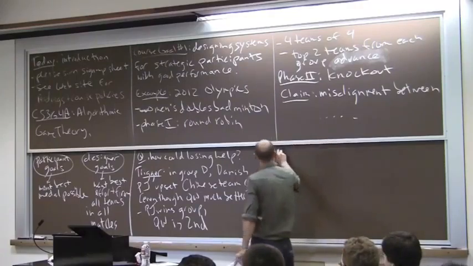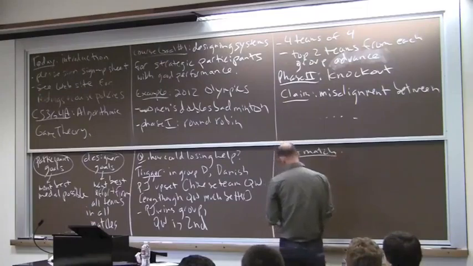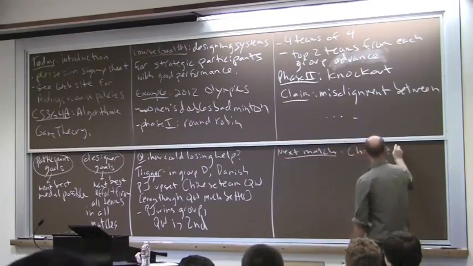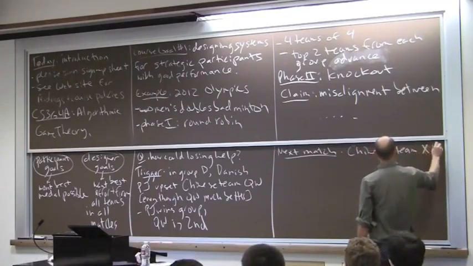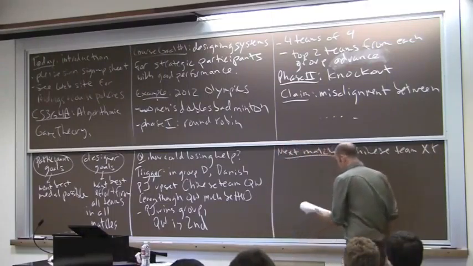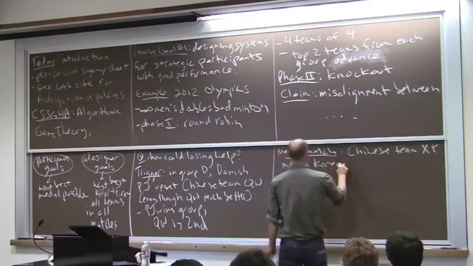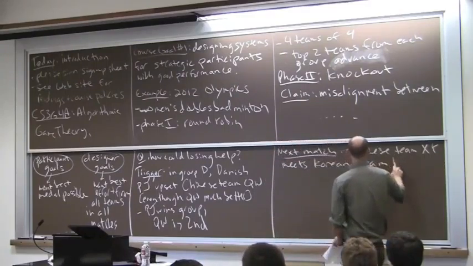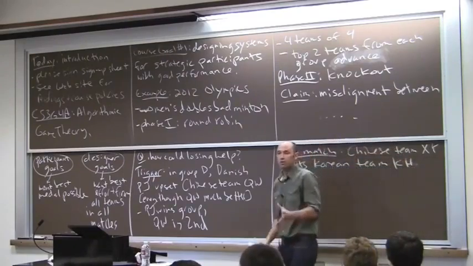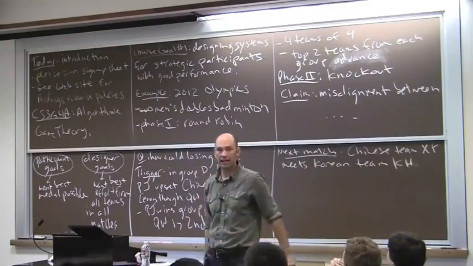Now, here was the next match. And this was the first of the two controversial matches. There was another Chinese team, XY, that was not thought to be as good as QW. And it was playing the South Korean team, KH. They were both 2-0 in Group A play, so they were both assured of proceeding to the knockout tournament.